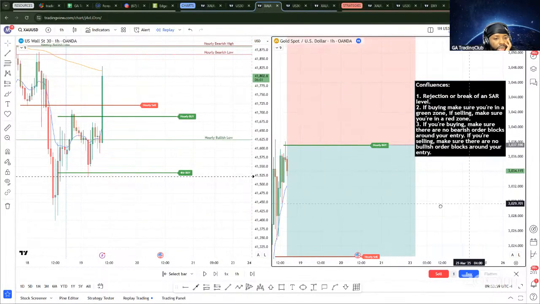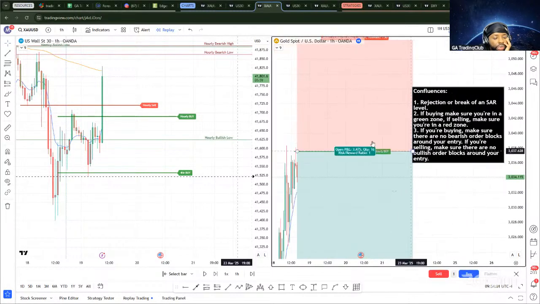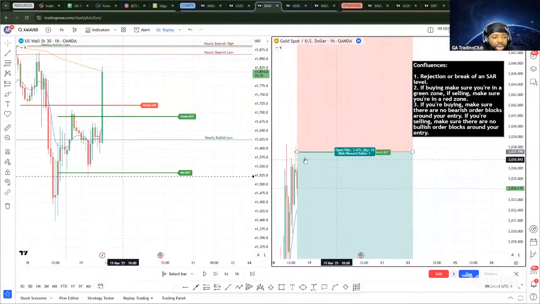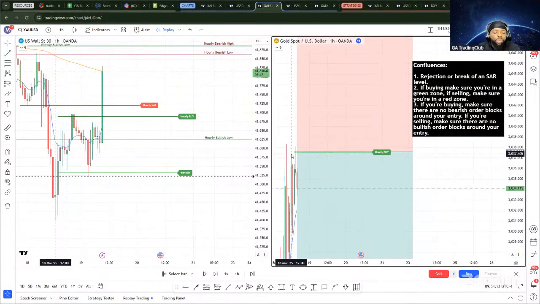You're looking for a rejection level or break level, but since this is normally trading rejection levels, you just wait for a rejection level to be established. You wait for the first candle to interact with that level. Just make sure that it rejects and closes away from that rejection level, which it did here.